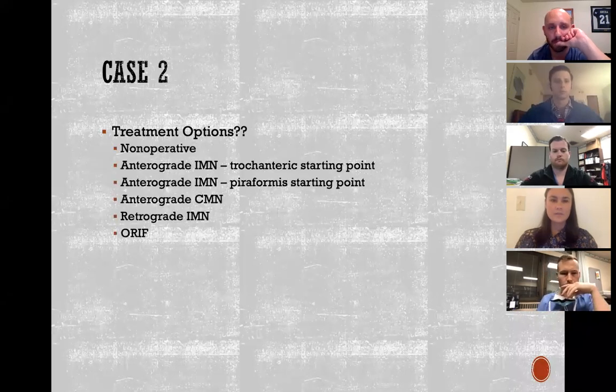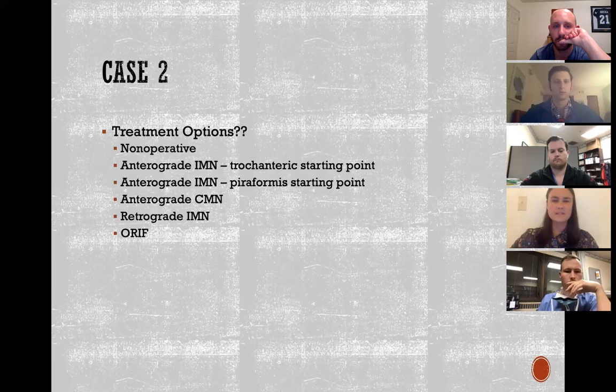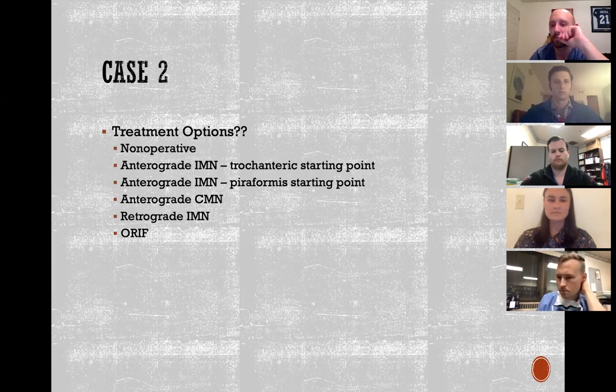I think with the trochanteric, the abductors are spared more than with the piriformis. Is that another? So yeah, I think that with trochanteric start points, there is some risk of detaching part of the abductors, but you do also go through the abductors a little bit for a piriformis start.